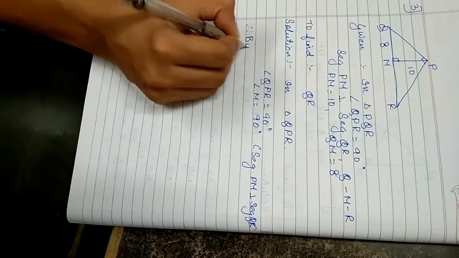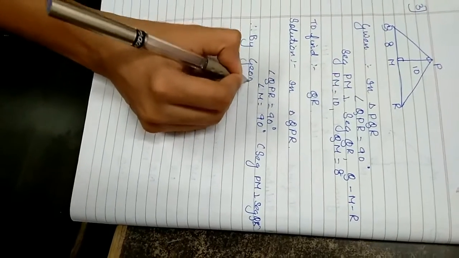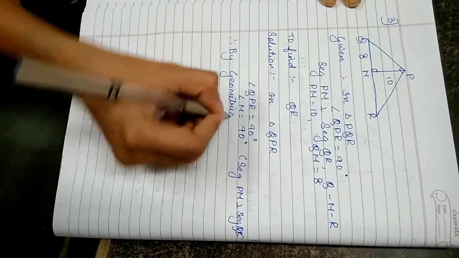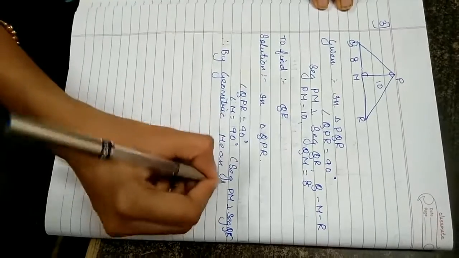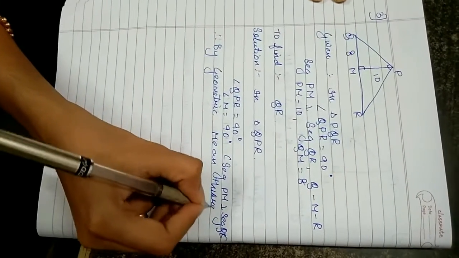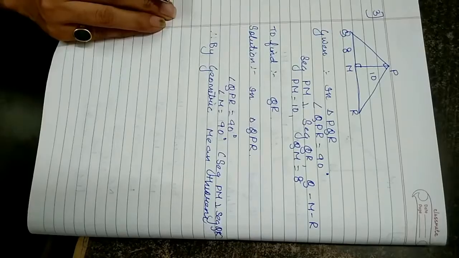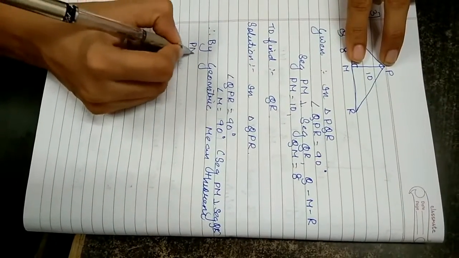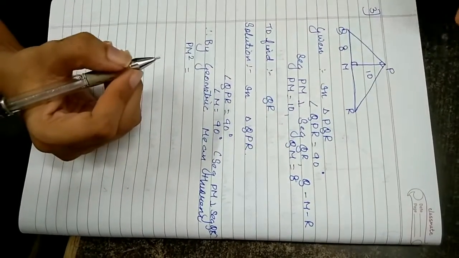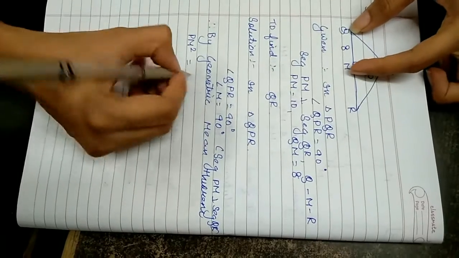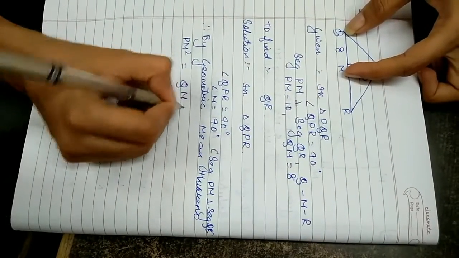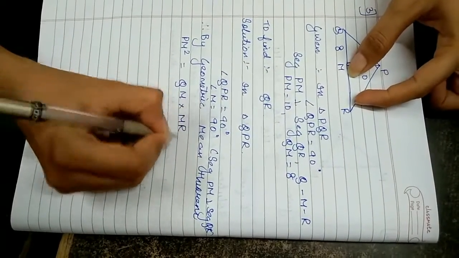Therefore, by the geometric mean theorem, again the perpendicular side is PM, so PM squared is equal to the hypotenuse QR, which is divided into 2 parts, that is QM into MR.